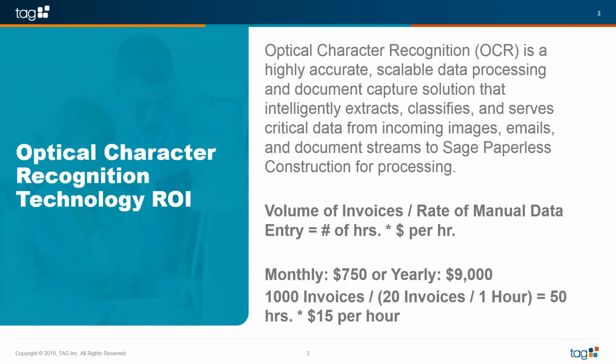So if it's 50 hours, multiply it by $15 an hour if that's what you're paying them, then you'll get your monthly cost. So over 12 months, this cost is $9,000.